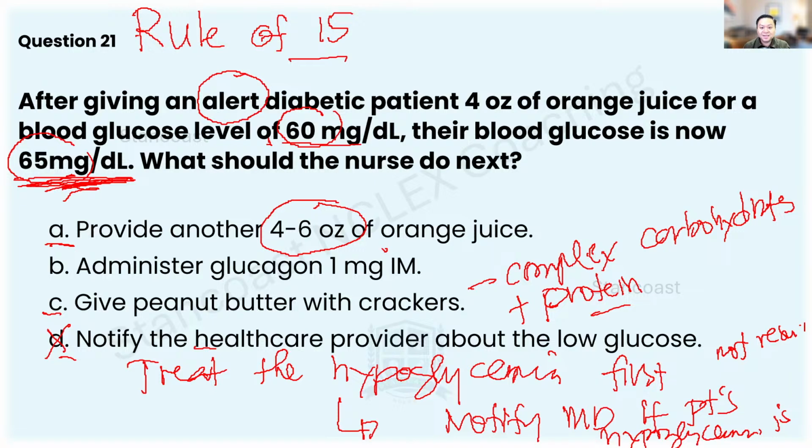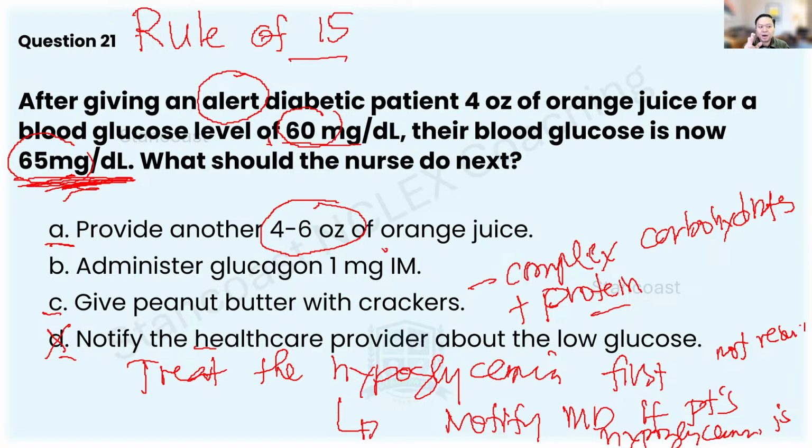Then you follow up by checking their blood sugar. Then you give them another dose of the 4 ounces of orange juice if their blood sugar is still lower. They need another dose if they are still hypoglycemic. That's 15 grams of carbohydrate in 15 minutes. Yes, that is correct. And so that's the rule of 15.